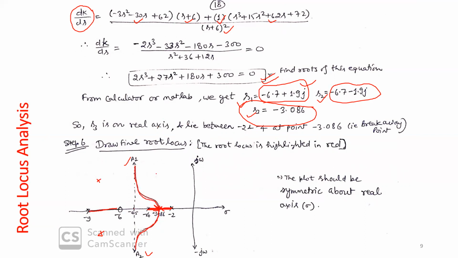We need to just draw one side of the real axis. For example, if you draw the upper half, the lower half will be the mirror image of that. Clear? So in this way, this is your root locus. This way it is drawn. Easy.